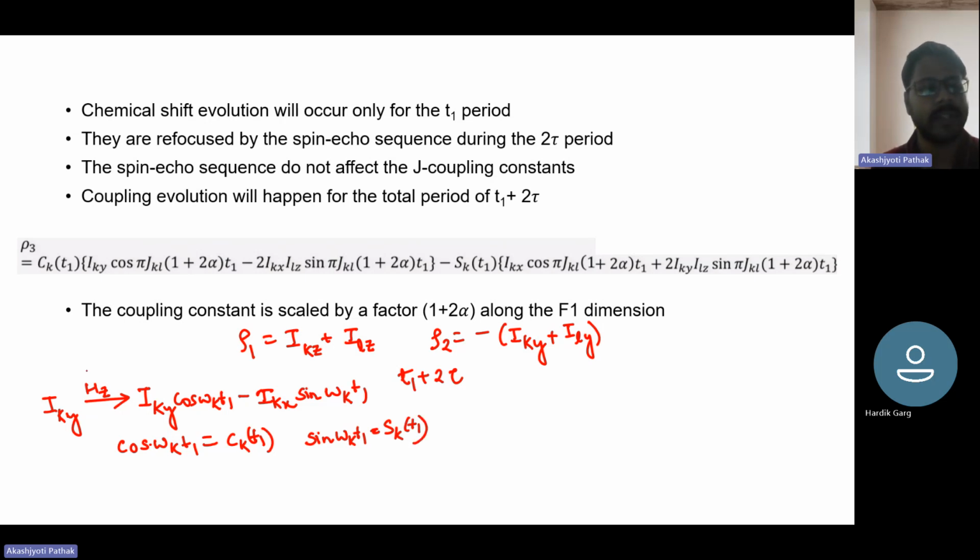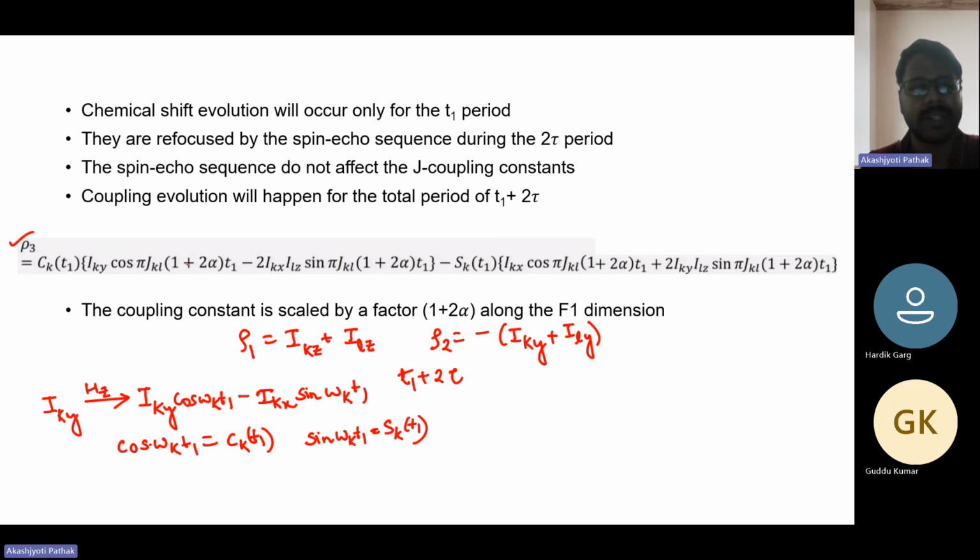Then, after this Z Hamiltonian acts on this, we get this expression. Then for the next 2 tau period, the coupling evolution will take place. Following the coupling evolution, you get this expression: rho 3 equals CKT1 IKY, this entire expression. If you look at this expression carefully, you will see that in the F1 dimension it is scaled by a factor 1 plus 2 alpha.